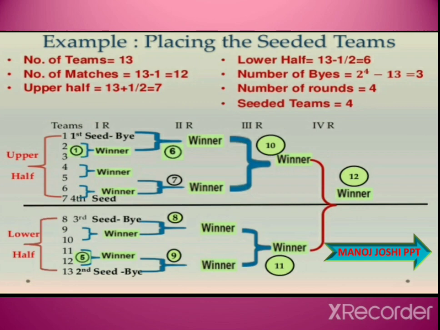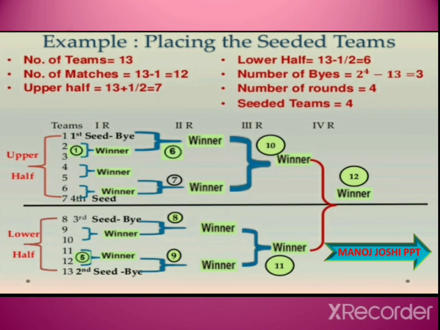If there are two byes, the first seed we can put at the top or at the bottom, anywhere, like in this one. If there are more than one bye, we can put the first seed at the top or at the bottom. But in case there is only one bye, the first seeded team will always be the bottom team, because we give the first bye at the bottom.